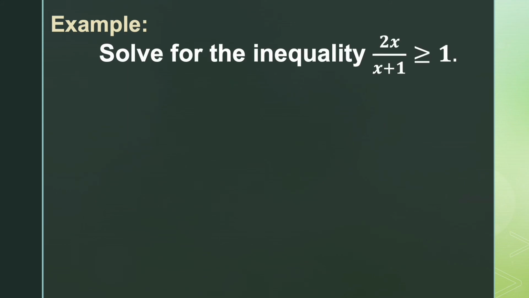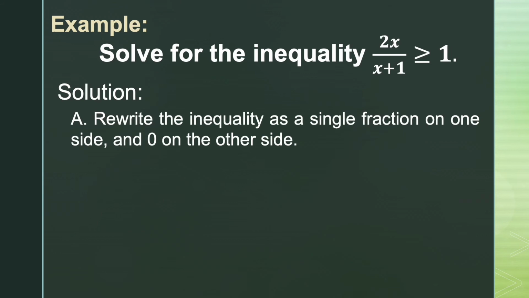Consider the following example. Solve the inequality 2x over x plus 1 is greater than or equal to 1. First, we have to rewrite the inequality as a single fraction on one side and 0 on the other side.